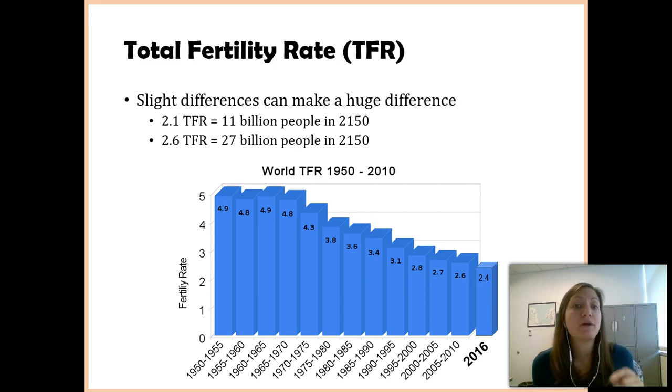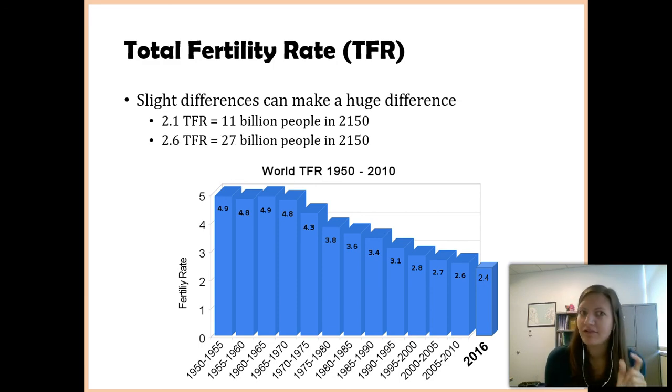If we were at 2.6, so only a 0.5 difference, that's 27 billion people in the same time frame. So over double that. So although these seem insignificant, still incredibly important, and why it's a really good metric that researchers look at. And again, this really helps us understand human populations, which means we can better understand how we will affect the environment.